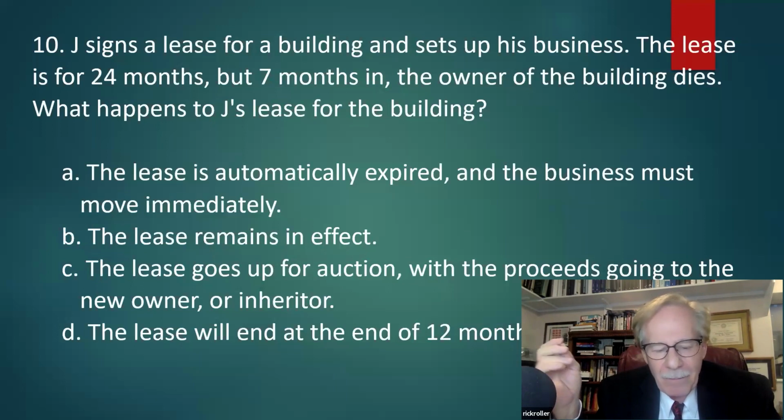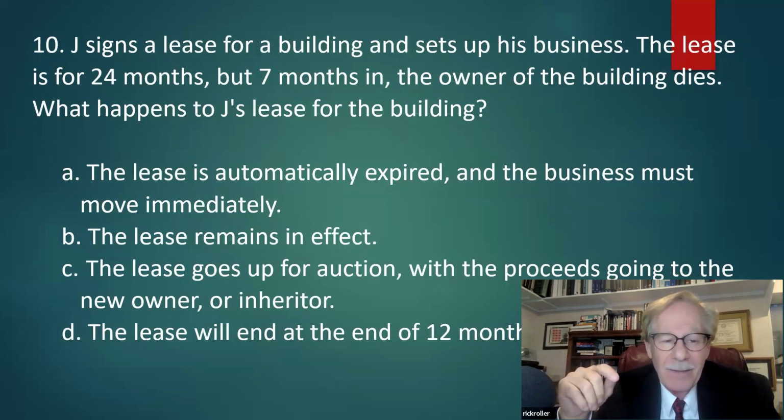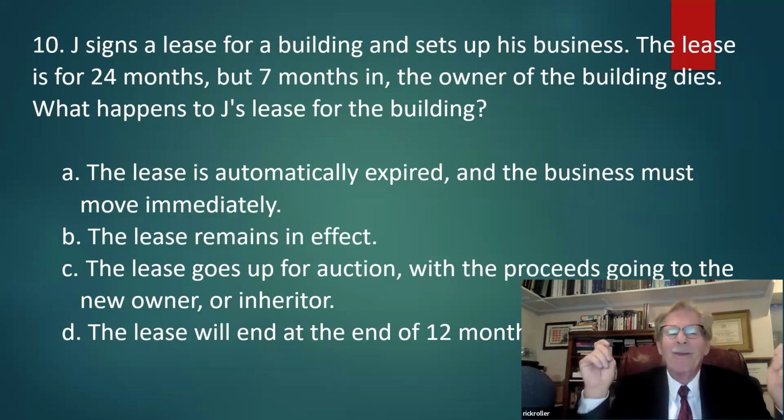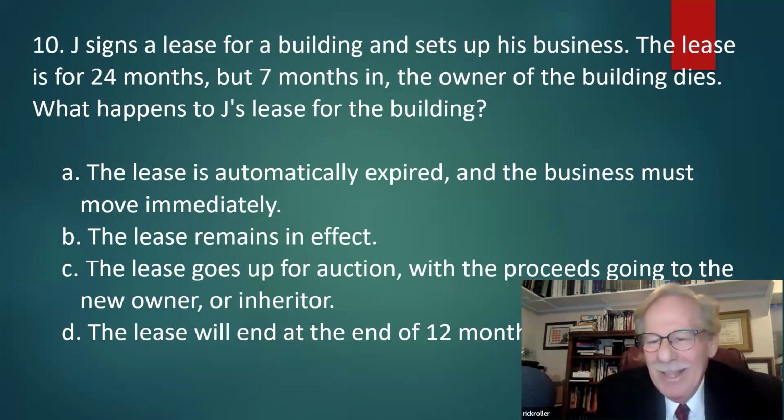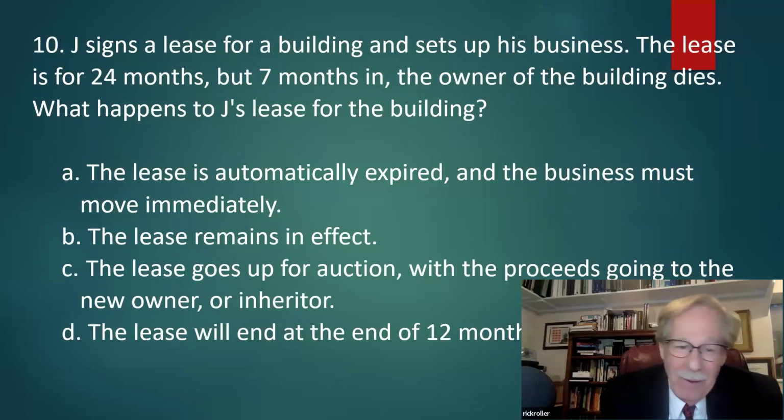Look at B. The lease remains in effect. Now, hang on to that one. That one's warm and fuzzy. Look at C. The lease goes up for auction with the proceeds going to the new owner or inheritor. Okay. A lease going up for auction. Maybe the property might end up for auction someday, but not until the tenant's done with it.